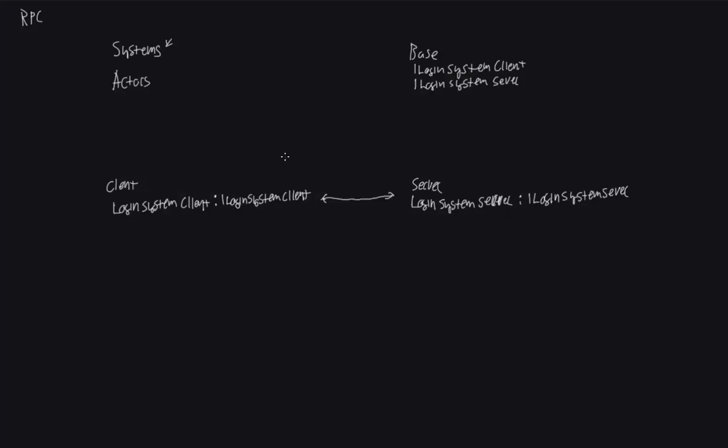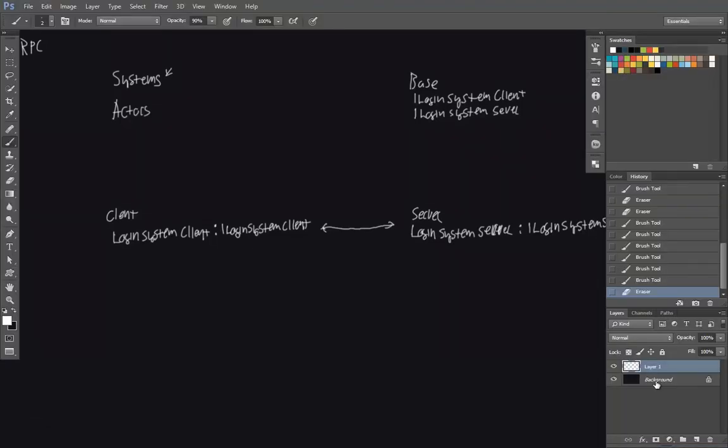Now let's talk about actors. Actors are going to be a little bit simpler. Actors and zones and regions and all that fun stuff. Pretty straightforward stuff. I'm going to go ahead and just create a new layer. Okay, so actors. An actor lives on the server. Most actors do anyway.